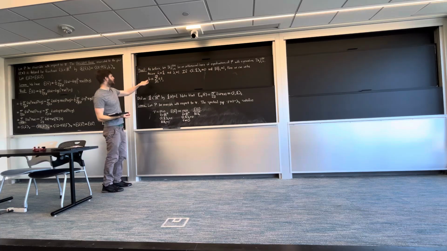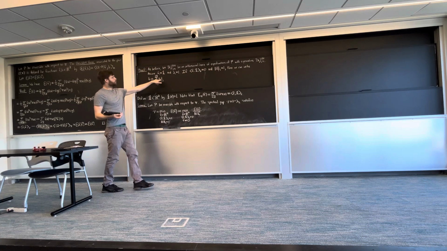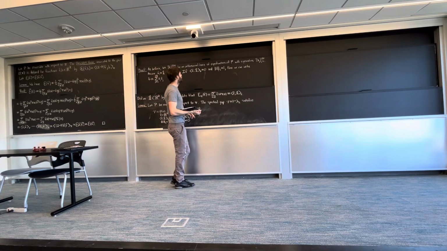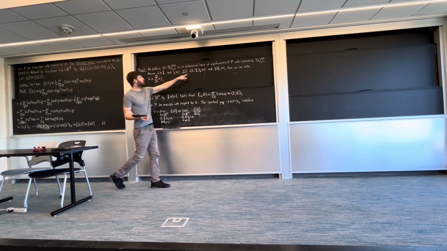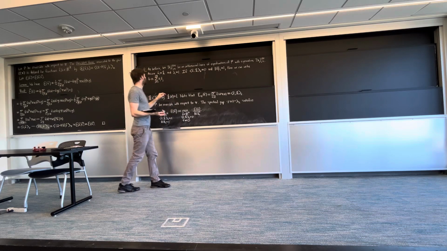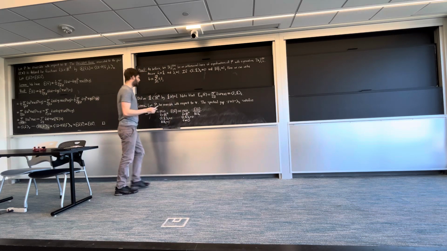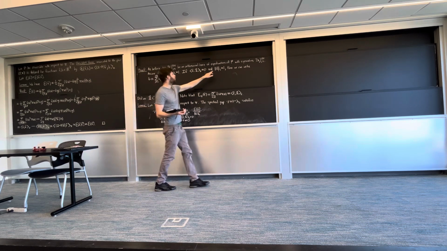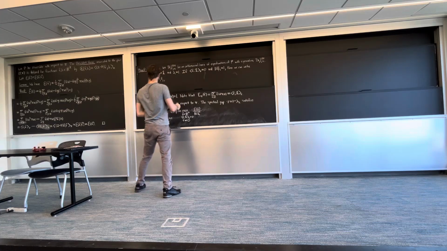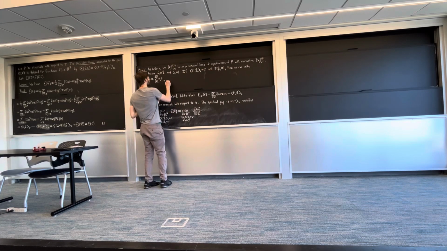The point is I'm expanding my function in this orthonormal basis, and the coefficient of f_1 is going to be 0 because of this. So I don't have the j equals 1 term. And because the 2 norm is 1, that's exactly saying that the sum of the squares of these coefficients is 1.